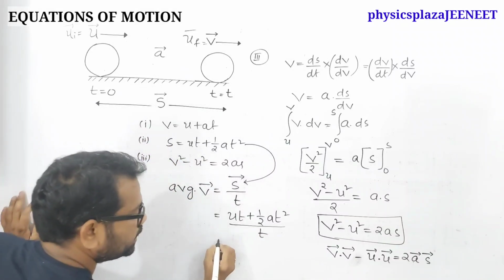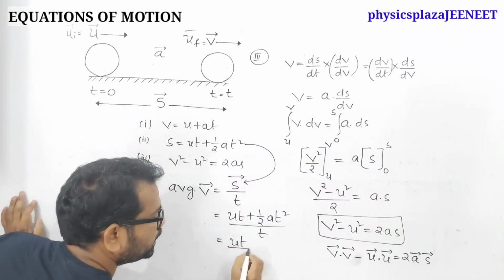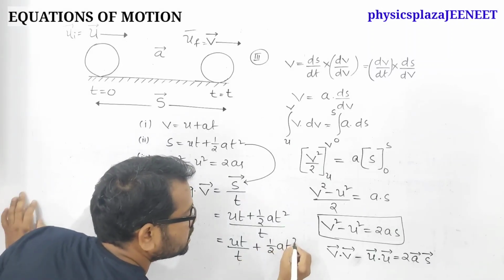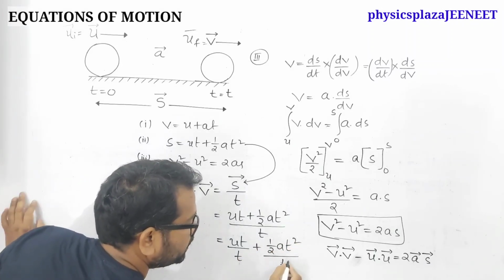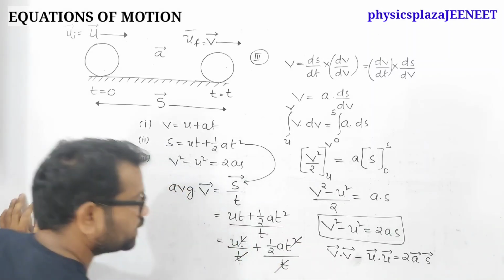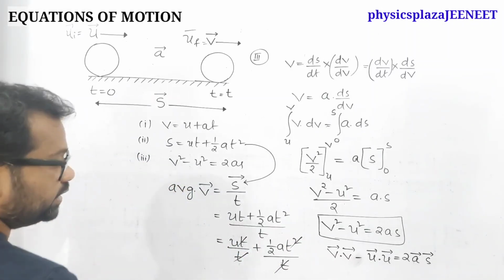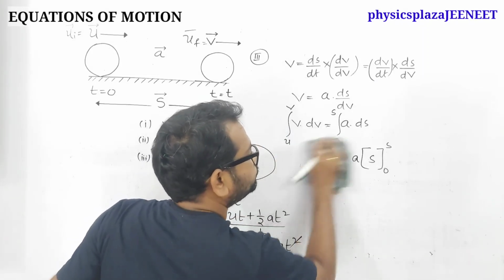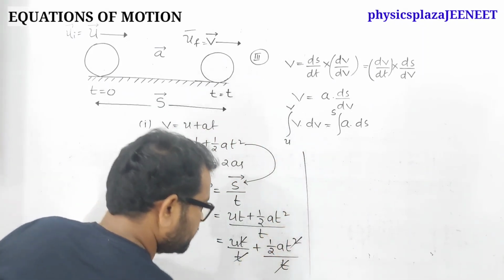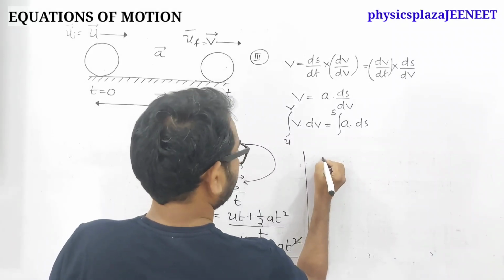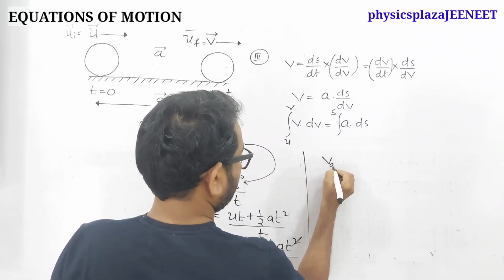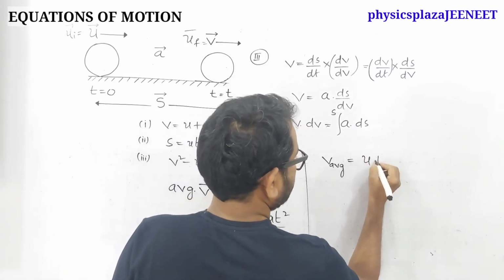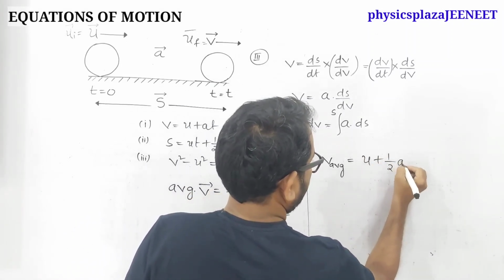So this can be written as ut by t plus half at square by t. The t gets cancelled. Okay, so here we need a space. Can I erase this? Okay, I'll erase this. So this can be written as average velocity is equal to u plus half at.